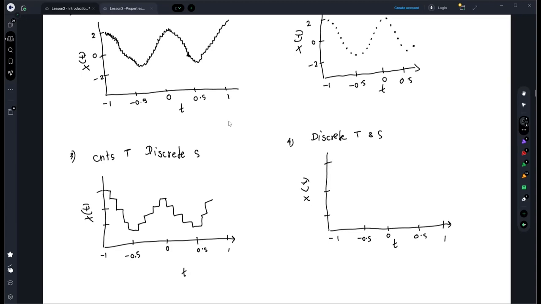What do you think? Both are discrete. So for time, there should be dots like this, and the dots will not be in a smooth line. So it will be in step functions like this. Right? Okay.